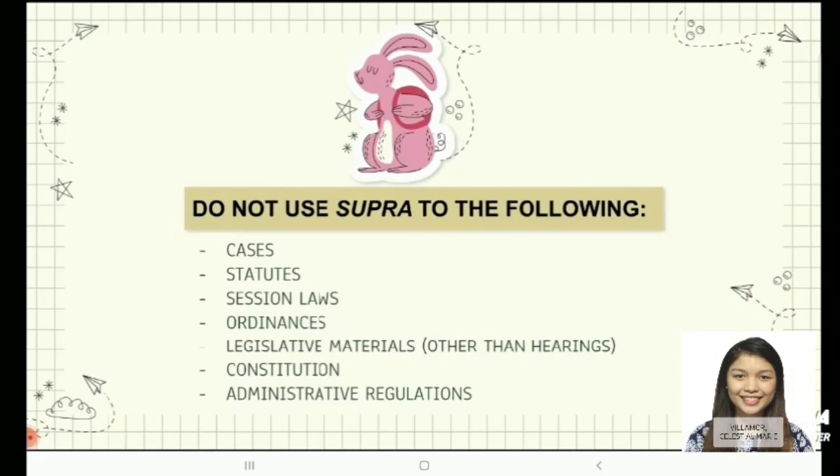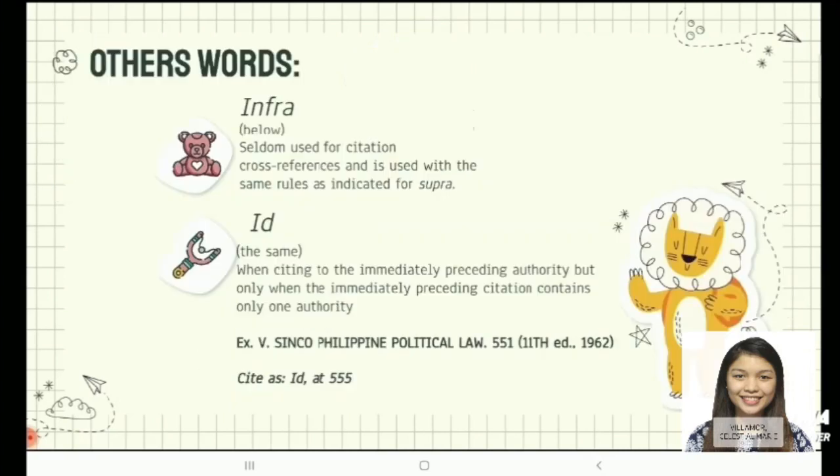We also have other words such as infra, which means below. It is seldom used for citation cross-references because it is considered best to put the full citation first. However, when it is used for this purpose, the rules are the same as those indicated for supra cross-reference.